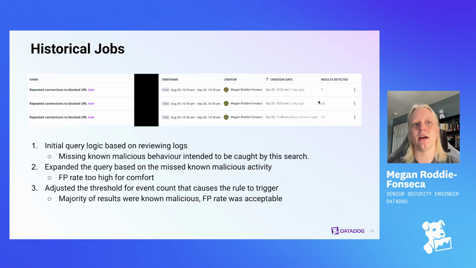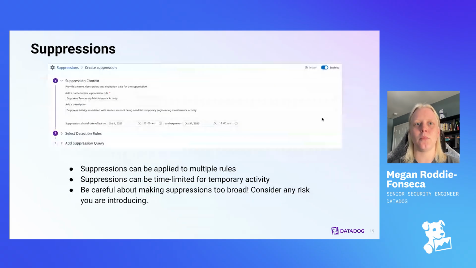One other thing to mention about how I do tuning in my day-to-day with Datadog is creating suppressions. Now, you might not have things called suppressions, but you might have tuning methods where this is still relevant. Something might be happening in your org. Maybe there's some migration activity or a service account temporarily being used for something that it wasn't before, and you have a bunch of rules where this would cause things to start firing.